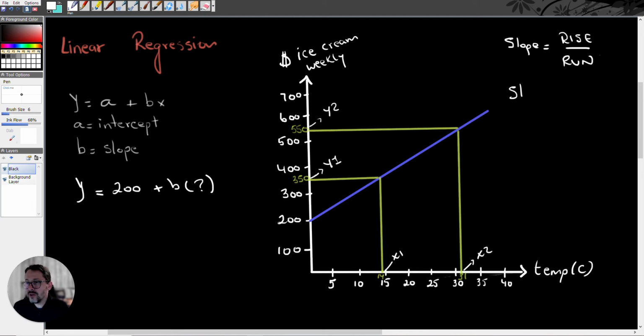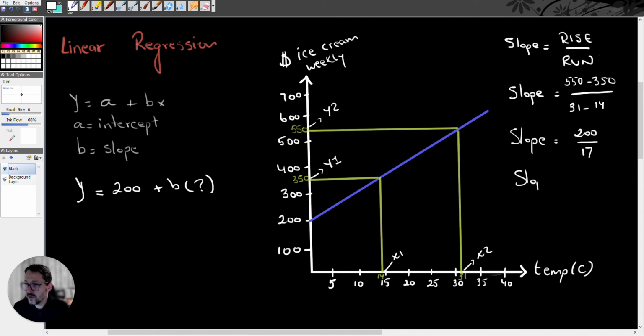So if I actually take those differences, the rise would be 550 minus 350, divided by 31 minus 14, again approximately. Okay, so that would be, I believe, 200 over 17.